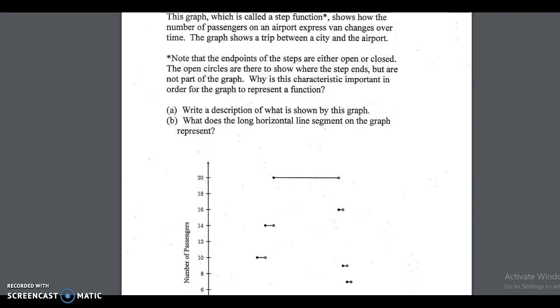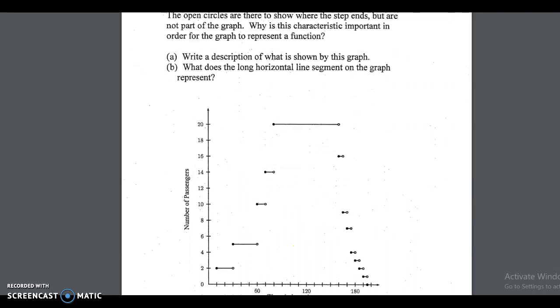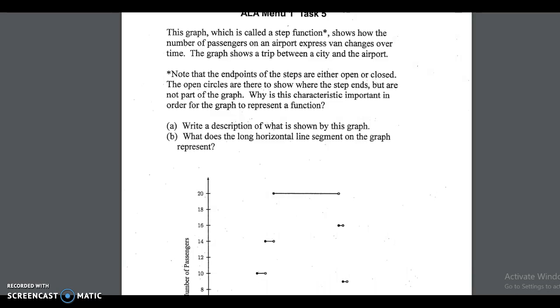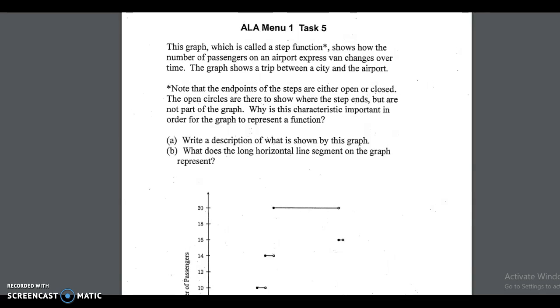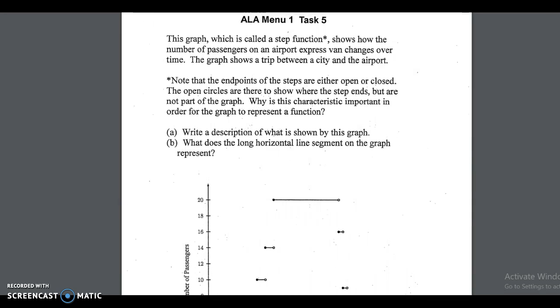And then it goes on to say this graph shows a trip between a city and the airport. What? I did not understand that part.